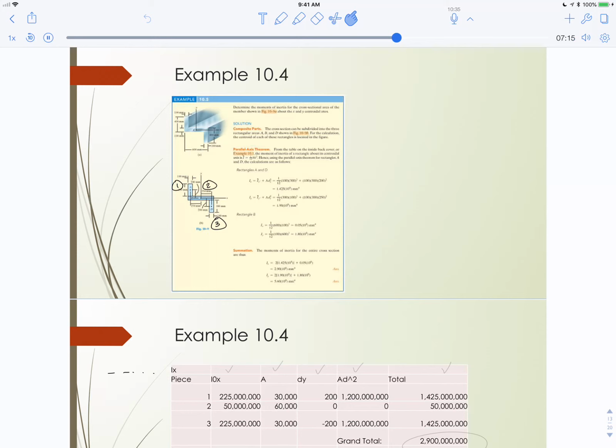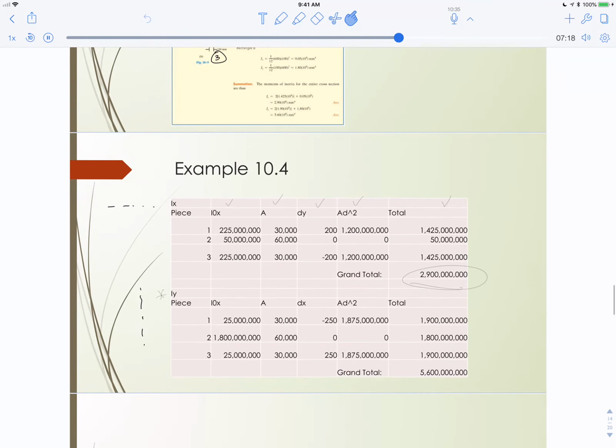And for each piece, you just get I0 about the x, so about each individual centroid, the area, the distance in y from the overall centroid, and then A d squared, and add it all up, and then the final sum. And I repeated it for y, Iy, which uses x distances.